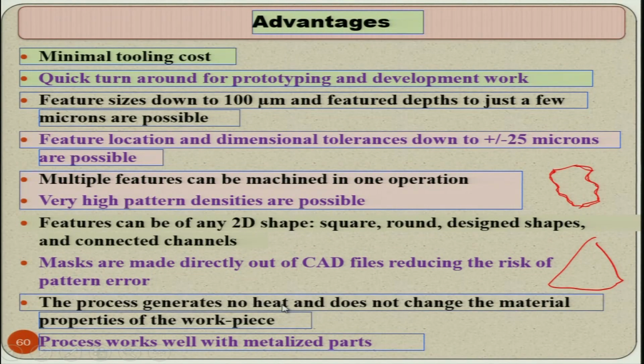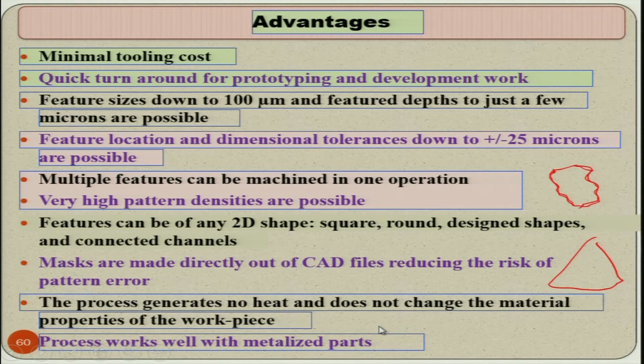Here the rise in temperature may be 10 or 20 degrees centigrade, not more than that. That is why it is mentioned that no heat is generated; theoretically it is not correct, but practically it is a correct statement, and it does not change the material properties of the workpiece.